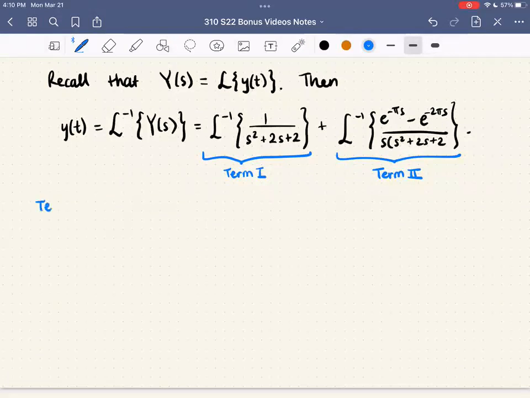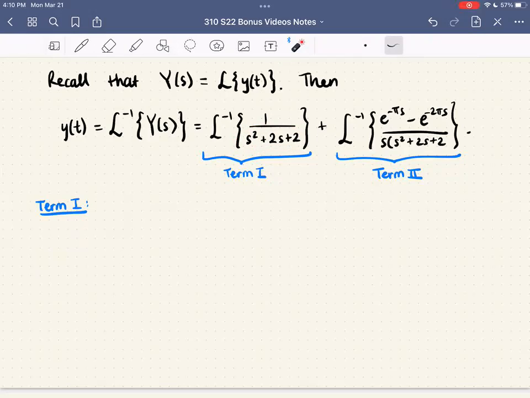So let's think about term 1. We have this s squared plus 2s plus 2 in the denominator. That doesn't really match anything in our Laplace transforms table, and we can't factor this, so it seems like we're out of luck.